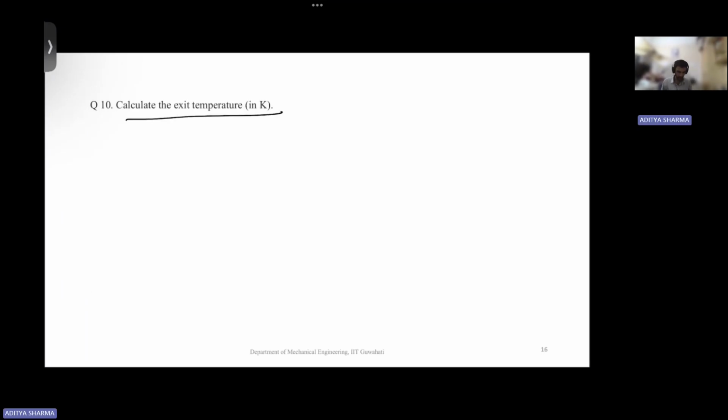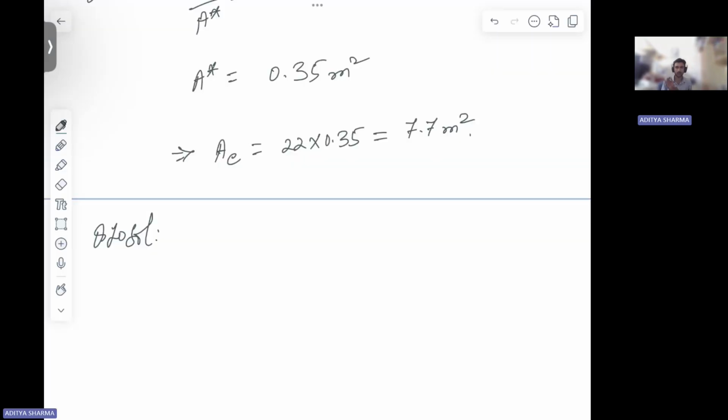Then question number 10, solution. Calculate the exit temperature in Kelvin. So exit temperature we have to calculate. So we'll use the isentropic ratios, the isentropic relations.